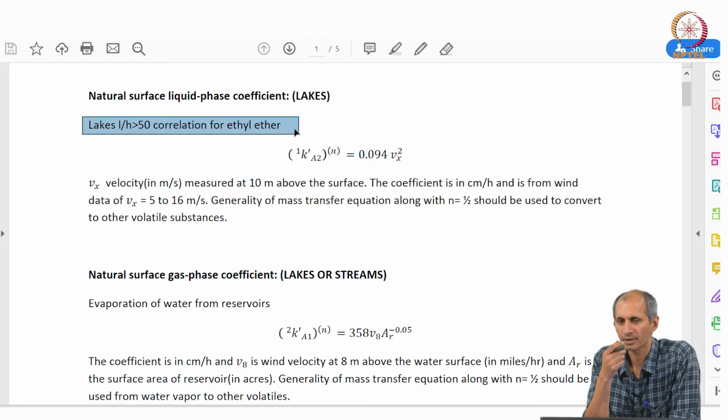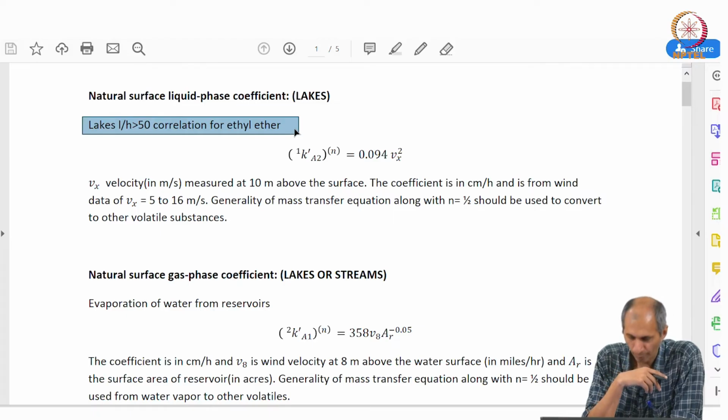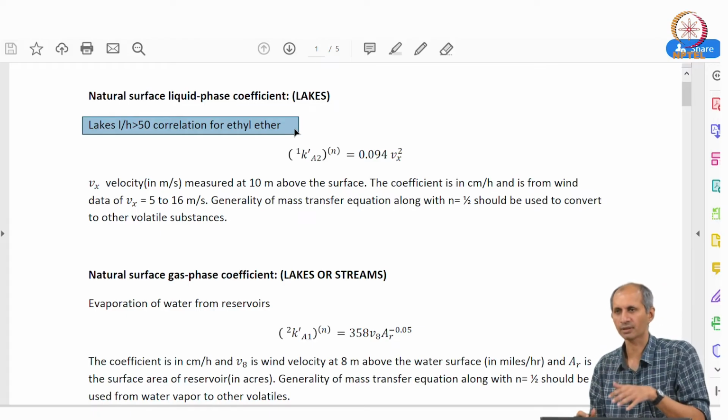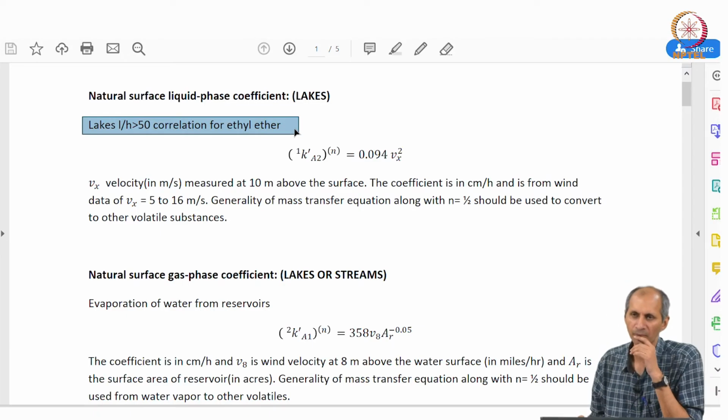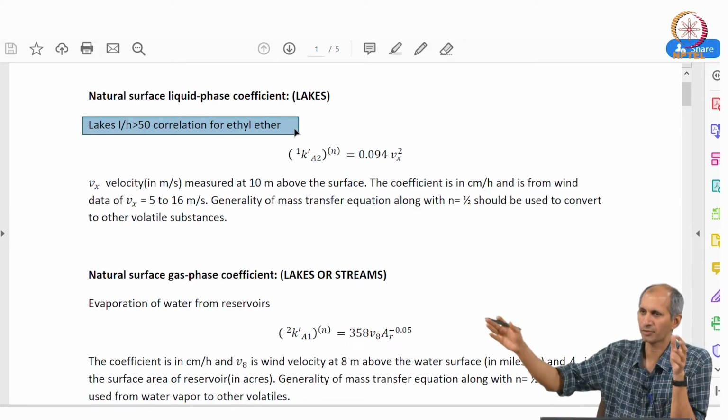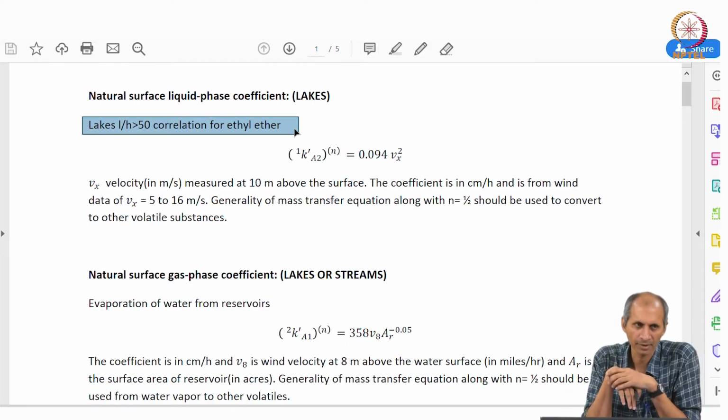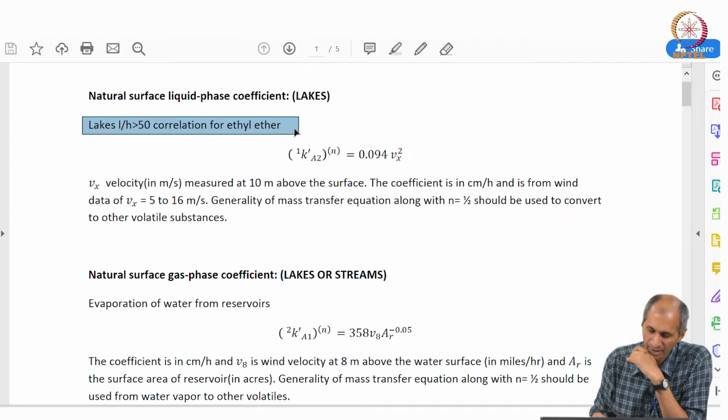So right here some information is already given. L by H is greater than 50, this is a very shallow lake, which means the length is 50 times the depth. And it is made for ethyl ether.